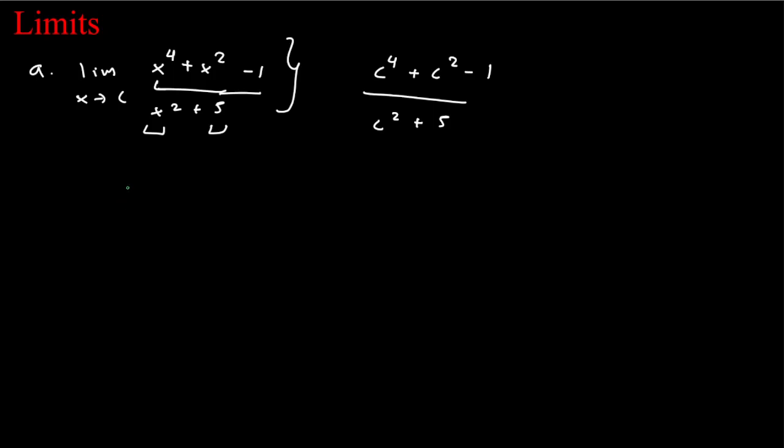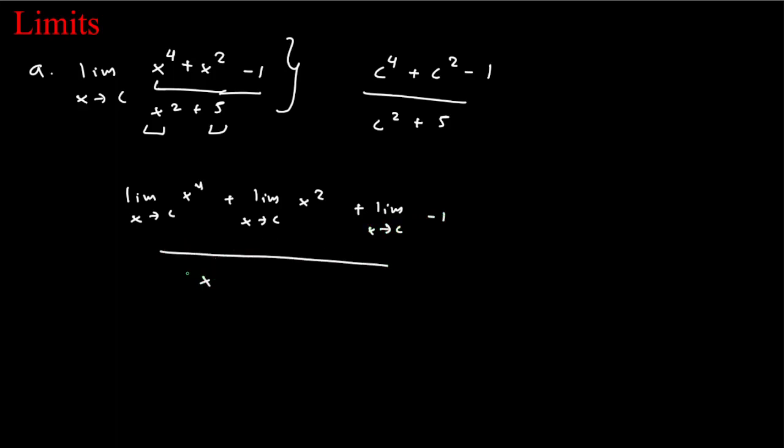So this is the same as the limit as x tends to c of x to the power 4 plus the limit as x tends to c of x squared plus the limit as x tends to c of negative 1, divided by the limit as x tends to c of x squared plus the limit.